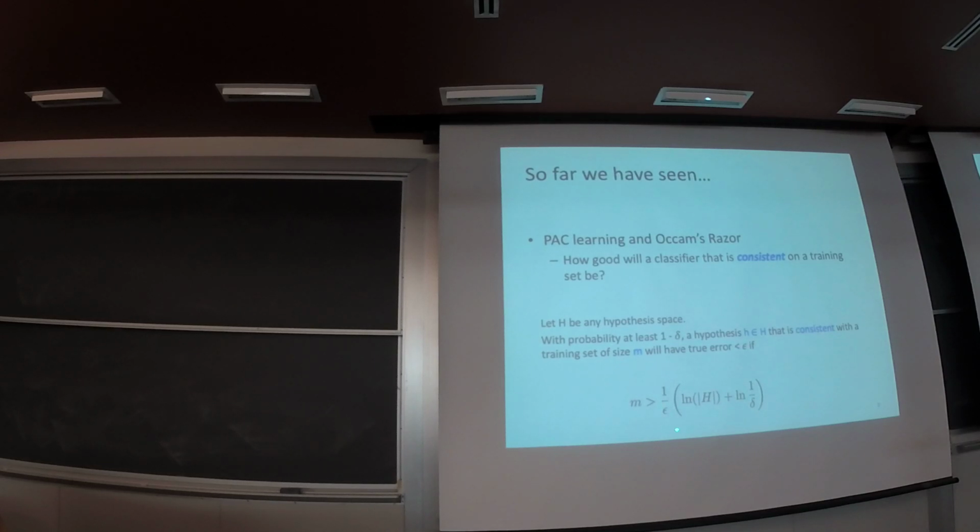This bound obviously is some function of epsilon and delta, the error and the confidence levels. So this is what we have seen so far, right?